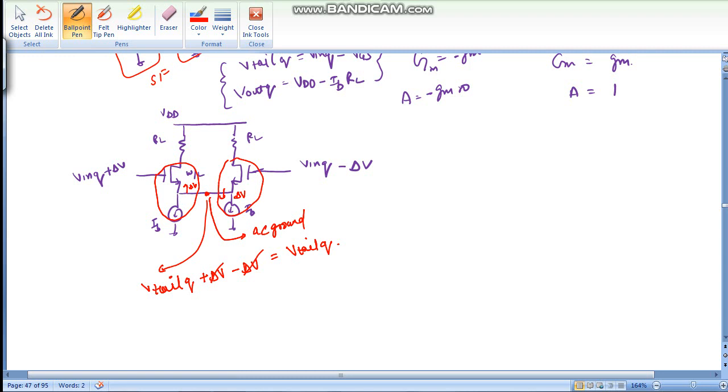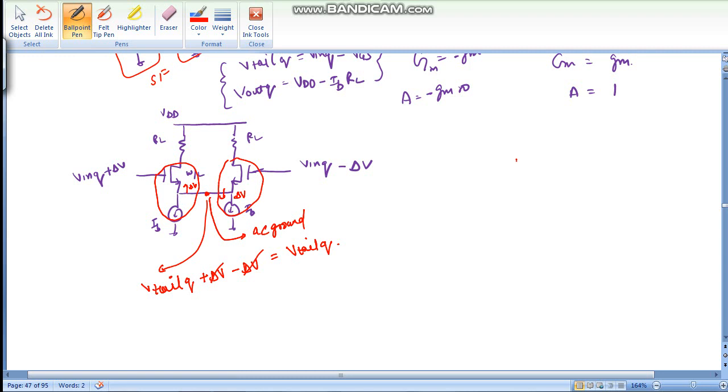So what is AC ground? Basically this is small signal ground. With respect to AC signal, if some node is not changing, that node is known to be an AC ground or small signal ground.